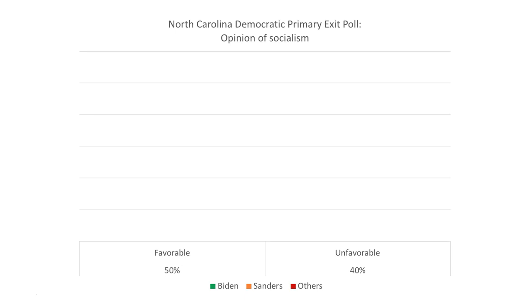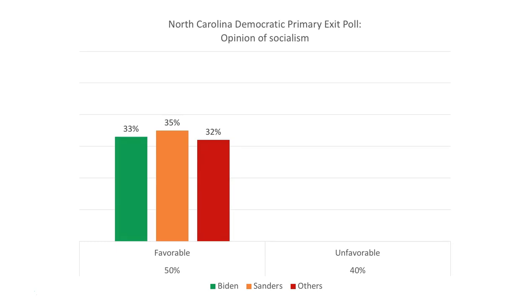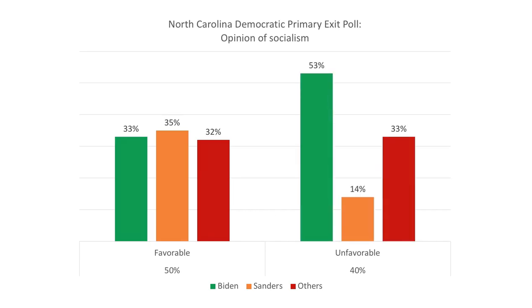But this was just a kind of open question. Are you favorable or unfavorable to the idea of socialism? Those who are favorable, 50%. Again, like with government health care for all, split very evenly amongst all three groups, Biden, Sanders, and others. But those who had an unfavorable opinion, overwhelmingly a majority, went for Joe Biden.